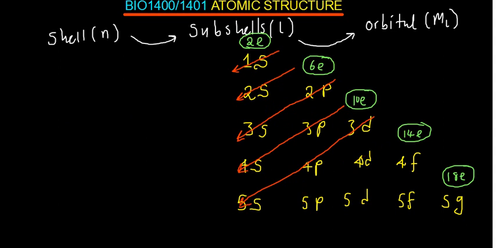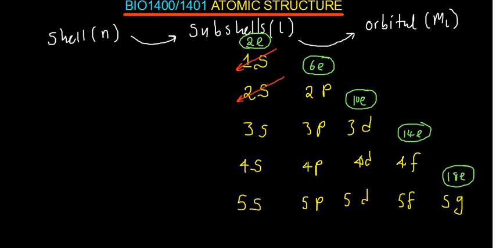Now what we are saying is that you start from the 1s, which has the lowest energy. Then you go to the 2s, and then to the 2p and then 3s. This is how energy is increasing. From the 3s you go to the 3p and then 4s, and then from the 4s we go to the 3d, 4p and then 5s.